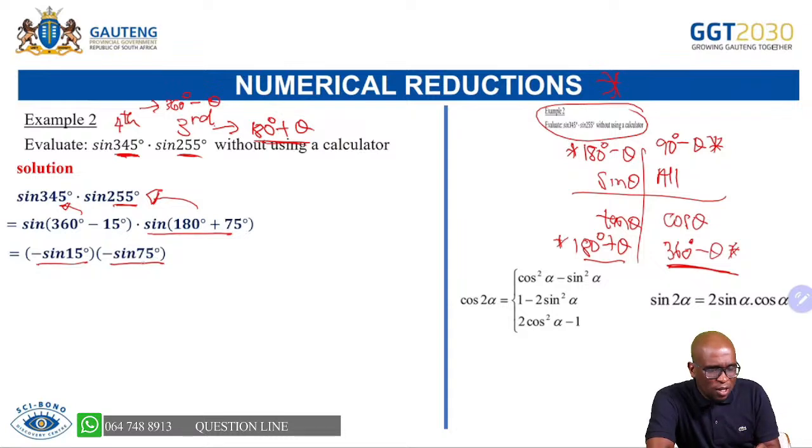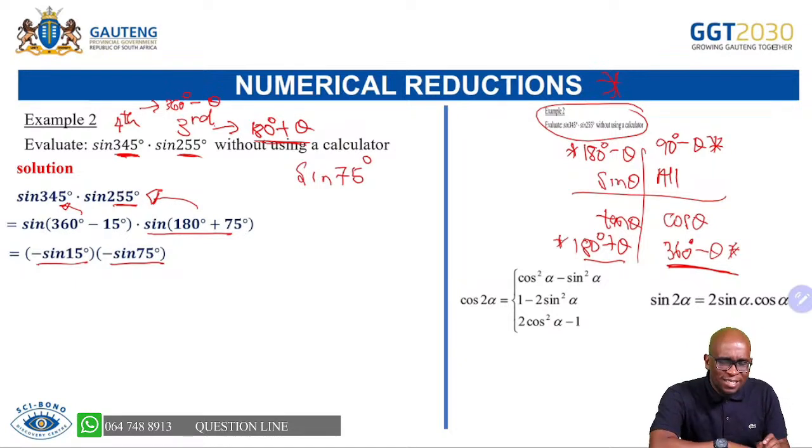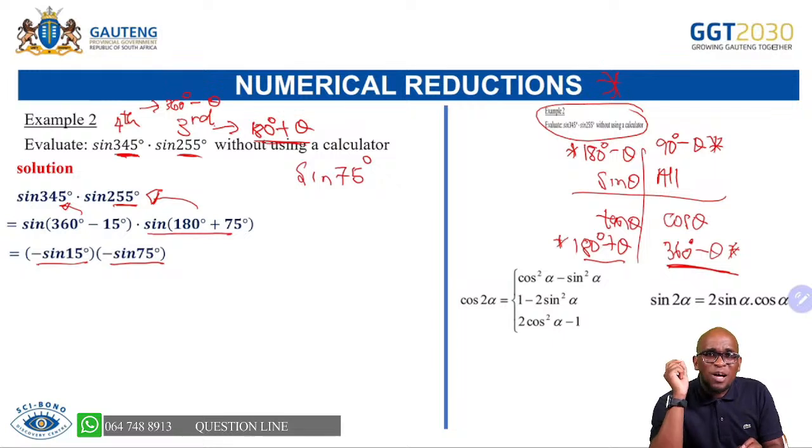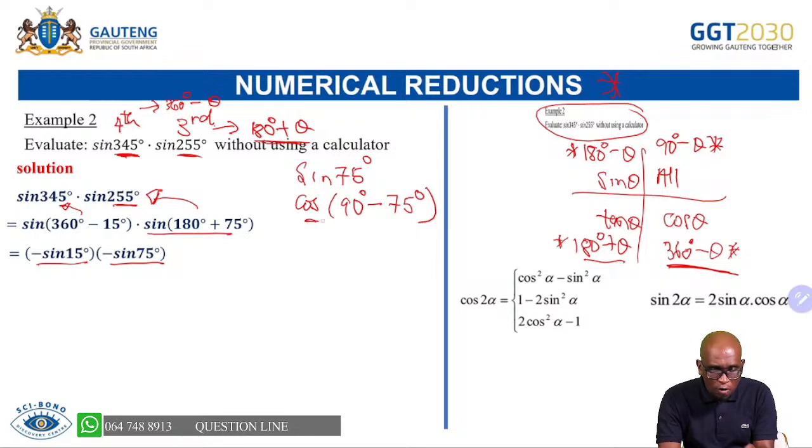However, one can also pick up that since we have sine of 75 here, if we want to write it in terms of cos, or find the complement of 75, this would be the same as what? The cosine of 90 minus 75, because cos of 90 minus changes to sine 75.